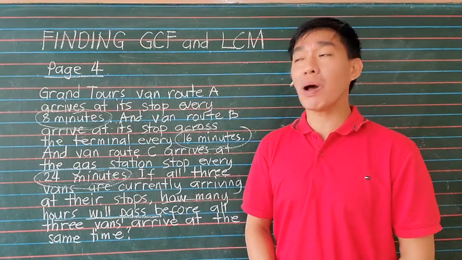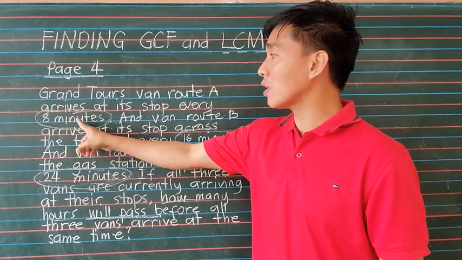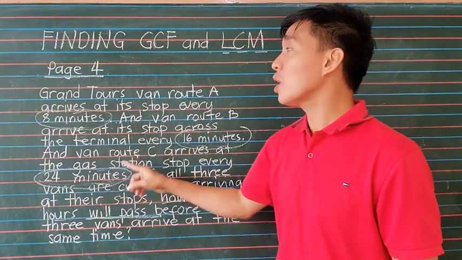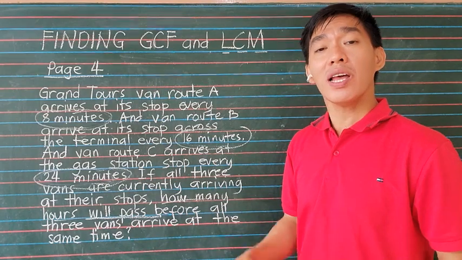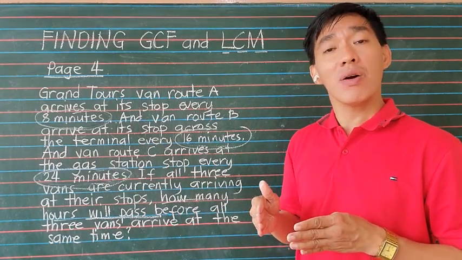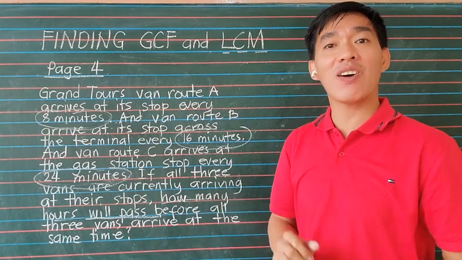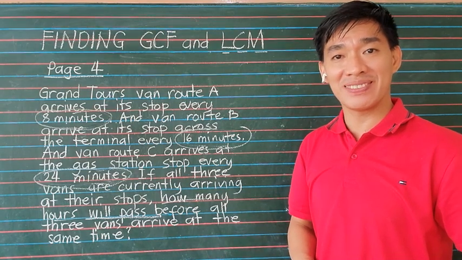So, to solve this problem, look for the LCM, or first the multiples of 8, 16, and 24. Look for their common multiples, then after that, look for the shortest time wherein these 3 numbers will meet together. So now, let's solve the problem.